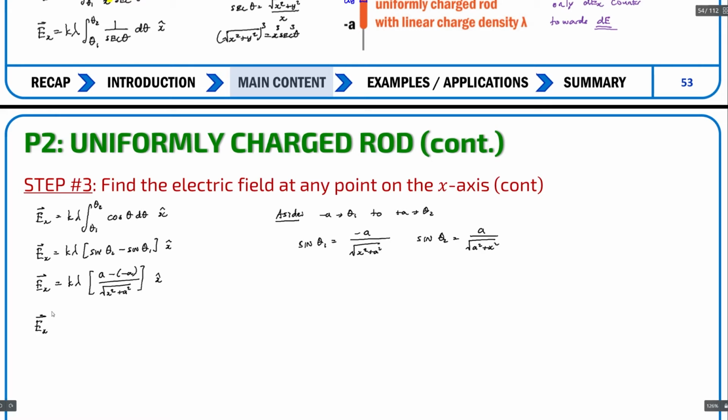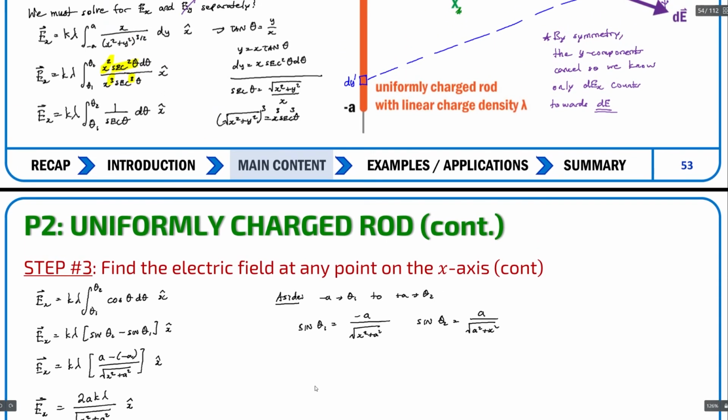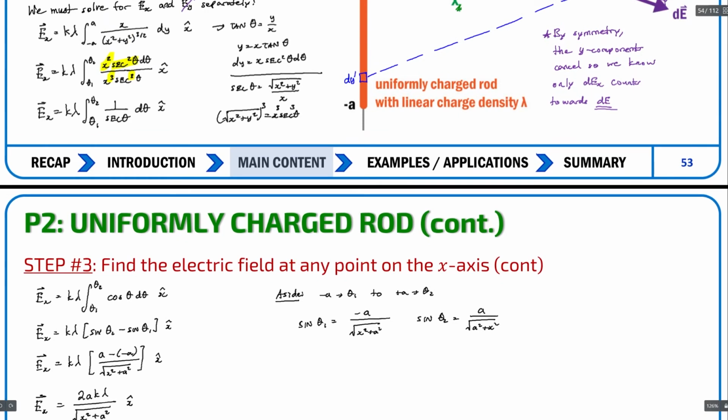So the final answer, we then have 2a k times lambda divided by the square root of x squared plus a squared in the x hat direction. And I think I made a mistake somewhere because it seems like I'm missing something. I forgot to take out the x up here. So over here, there was supposed to be an x that was taken out, just in here.